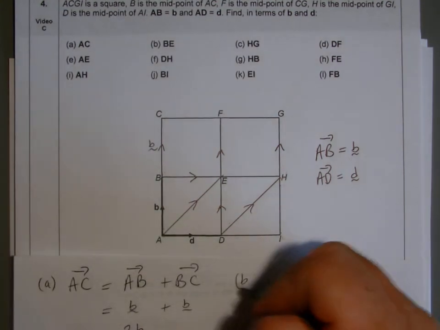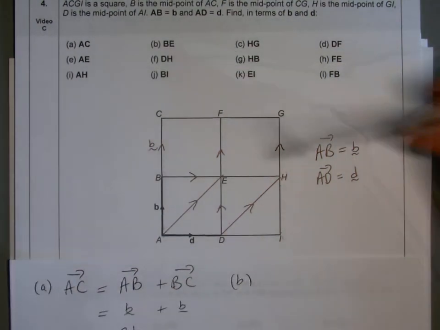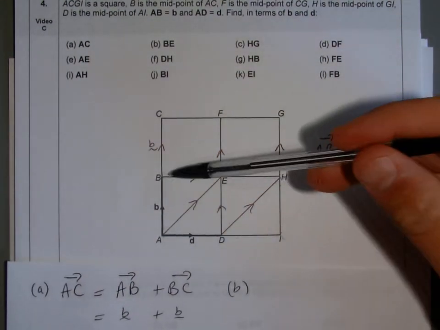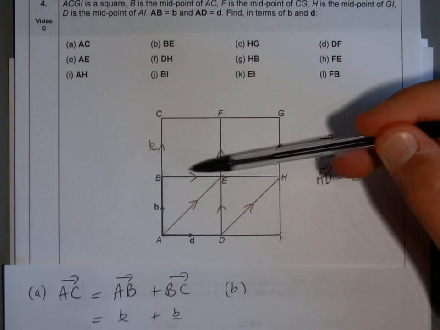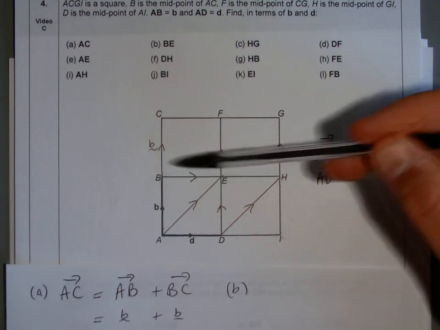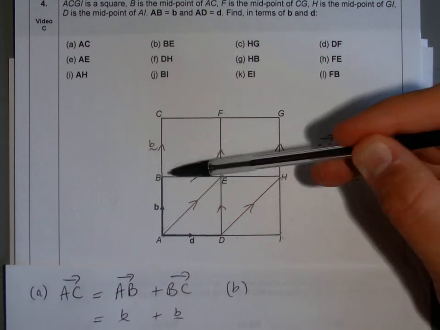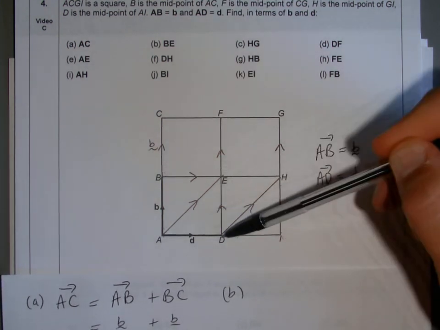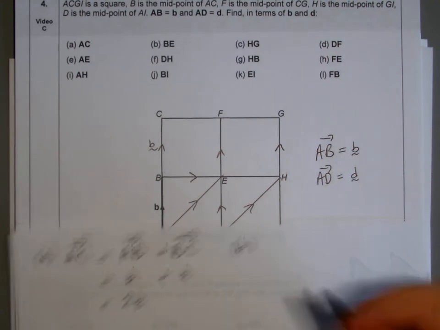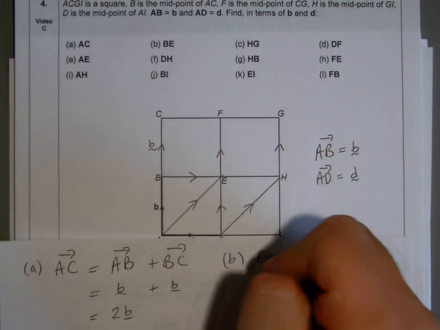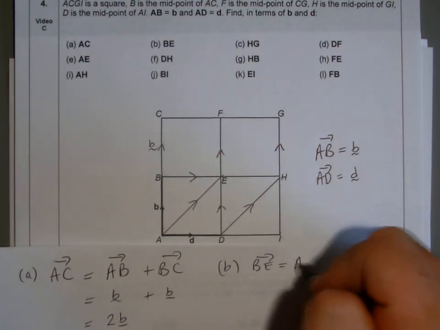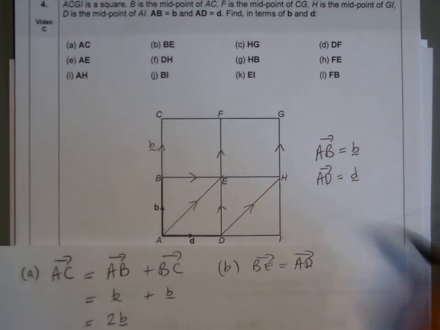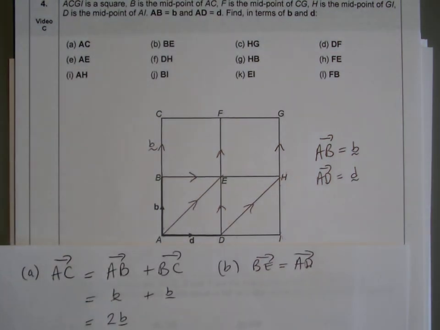So with b then, BE, well, where are we for BE? Well, BE is there, isn't it? That vector there, so drawing the arrow in, BE is going horizontally, and you've got to look at where it's parallel to it, and of course it's parallel to AD. So actually we could say BE is just equal to that vector AD. Vectors can be equal, they don't have to be in the same place.